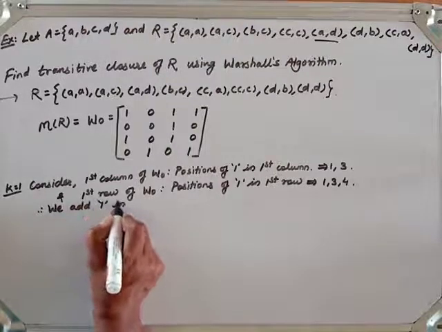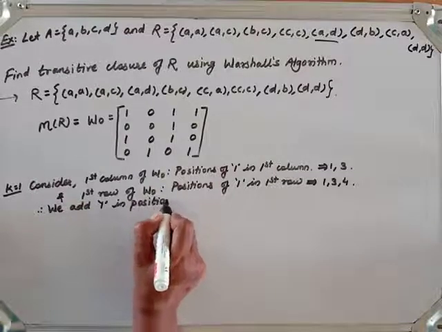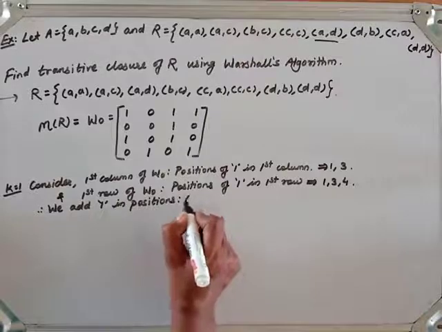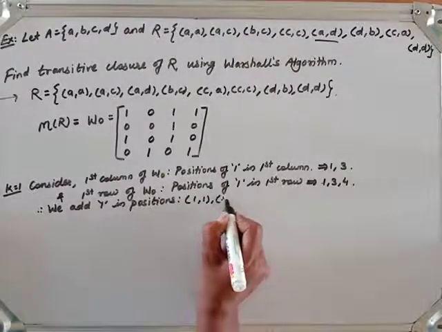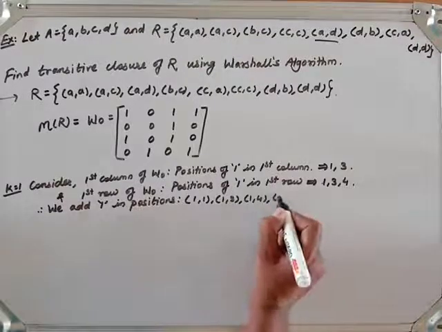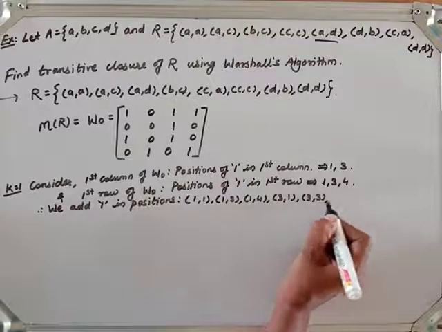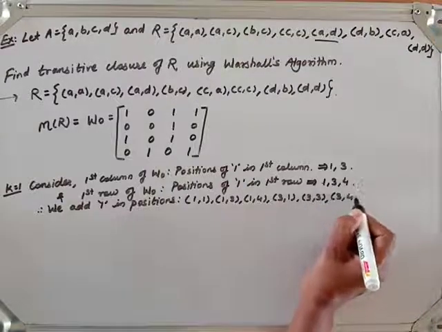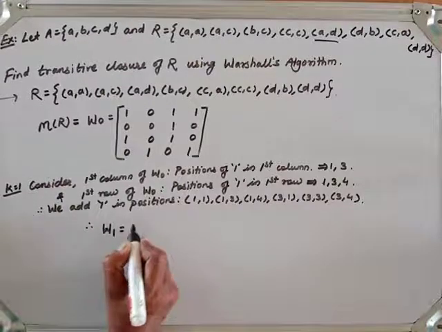1 in positions 1 1, 1 3, 1 4, 3 1, 3 3 and 3 4. Now therefore we get W1.